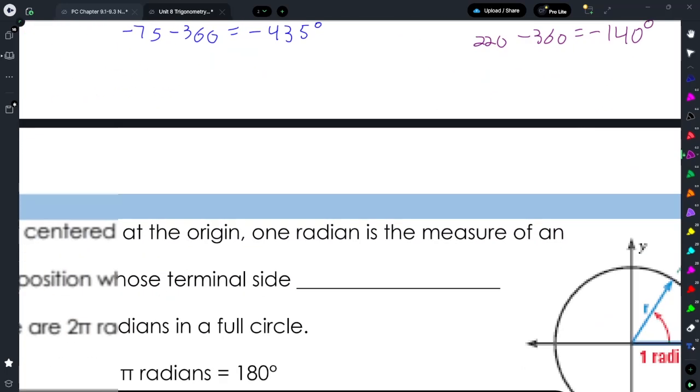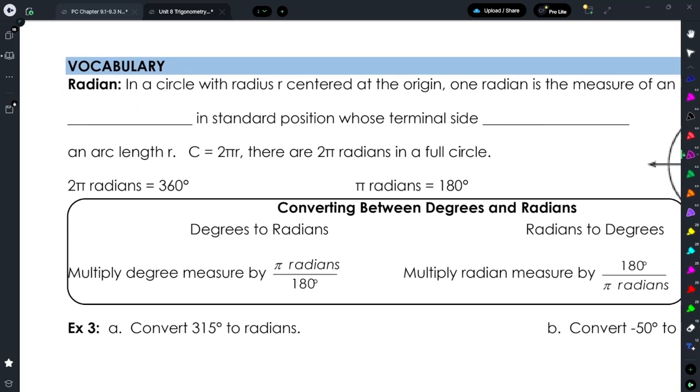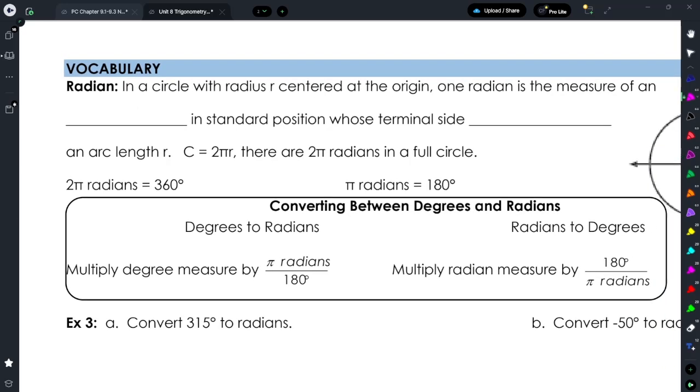All right, so the last thing we're going to talk about is called a radian measure. Now, a radian is another way we can measure angles. We have degrees, but we also have what are called radians. And a radian measure is mostly used in advanced math classes, pre-calculus, calculus, and so on.